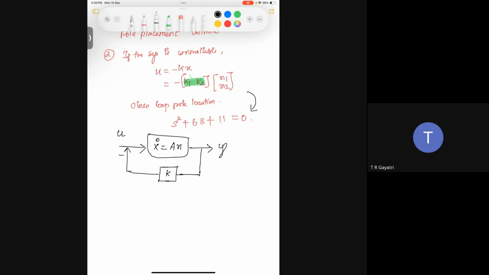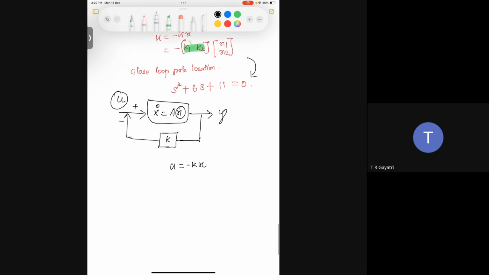Okay, this is negative, this is positive. So I want you to design this u as u equal to minus kx, where x is the state of the system. You want to take back your state information and give it again as an input to the system.